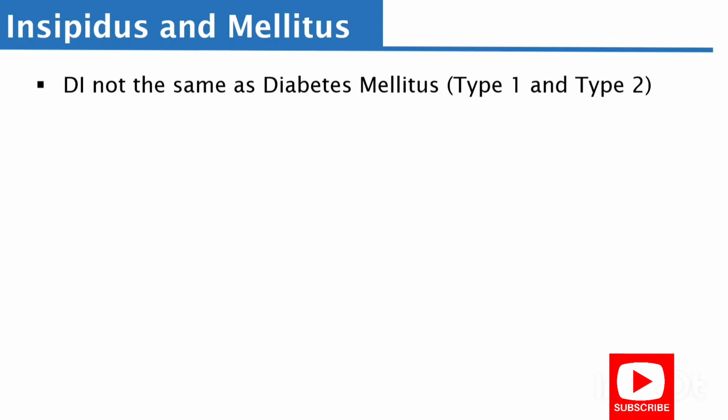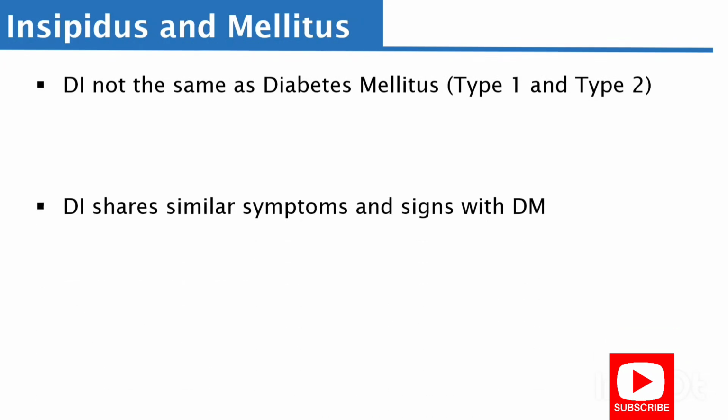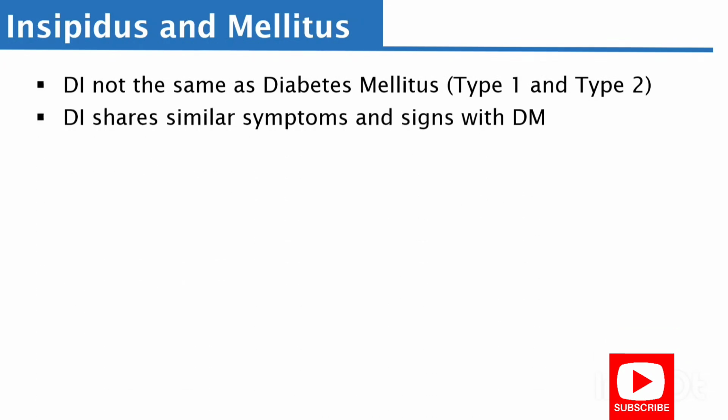Whether you talk about type 1 or type 2, as the case may be, remember that in diabetes mellitus you're looking at whether it is insulin related or not insulin related. So it is different when we look at diabetes insipidus, okay? Although diabetes insipidus can share similar symptoms and signs with diabetes mellitus. Why? Because they are all diabetes. They can share similar signs and symptoms, but they are different.